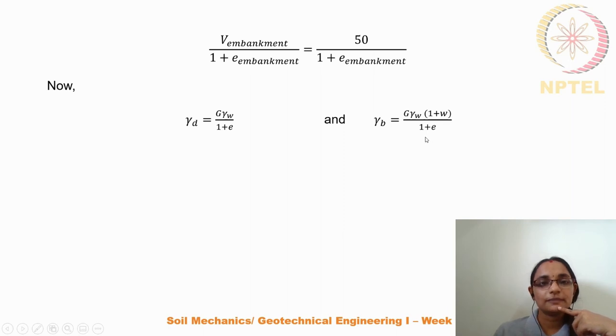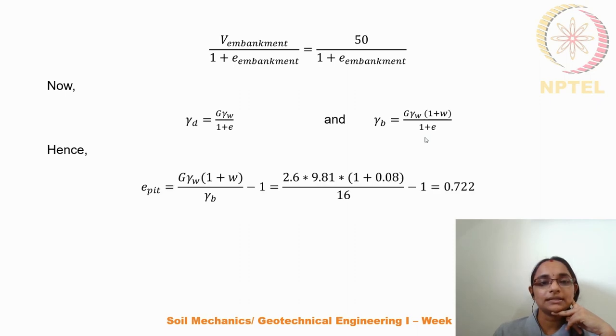So, for the void ratio of pit, which equation should we use? This one, because they have given the bulk unit weight for the soil in the pit. Substituting, we get e is equal to G gamma w by gamma b into 1 plus w, minus 1.